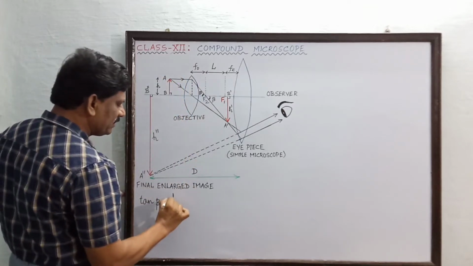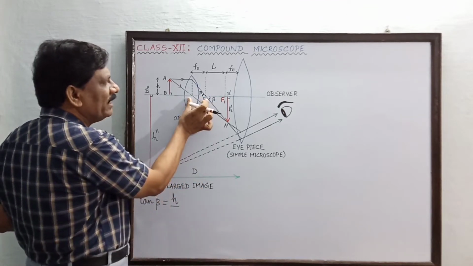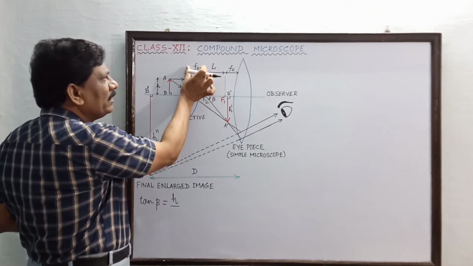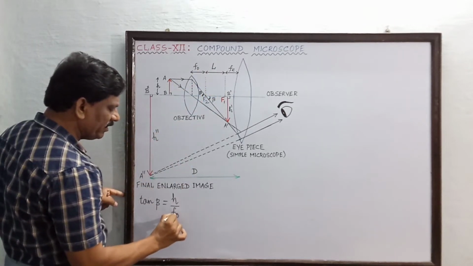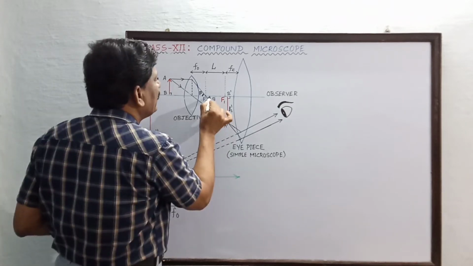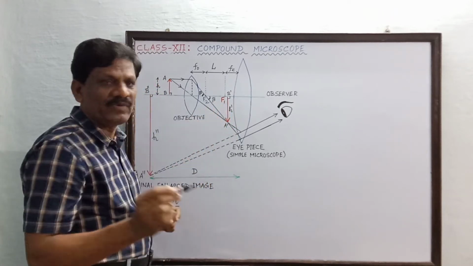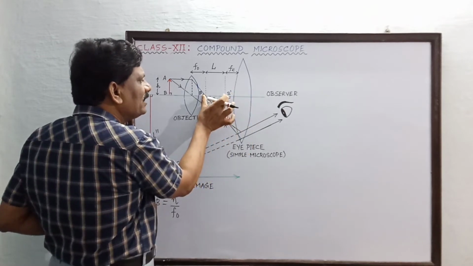So I will write this is equal to h divided by the adjacent side. You see here the horizontal distance. It is also equal to what? The focal length of the objective. So this is h by f naught. Now the other side, beta below the principal axis. You see what is the tangent value of beta? Tan beta is equal to opposite side by adjacent side.